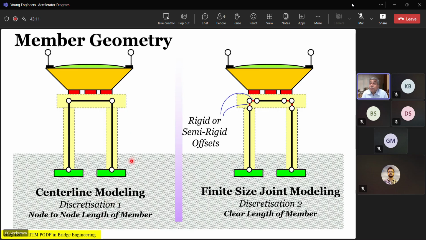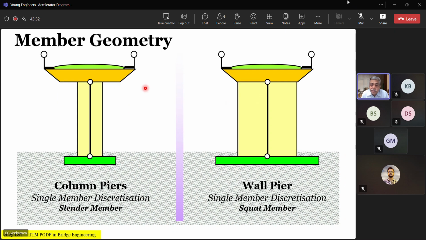Centerline model is simpler, and that gives you reasonably accurate results under certain circumstances, especially when the bending behavior is significant. Okay, we'll come back to that next step. All right.